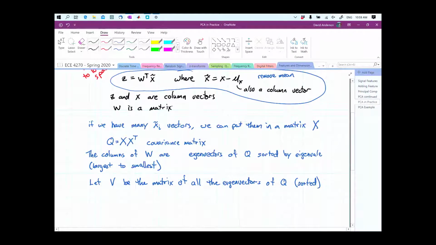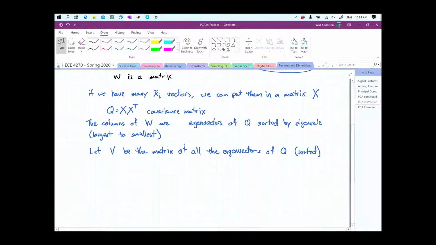You might have noticed I just deleted "the eigenvectors." The columns of W are made up of eigenvectors, but not necessarily all of them. It's however many we choose. But V is the matrix of all of them.